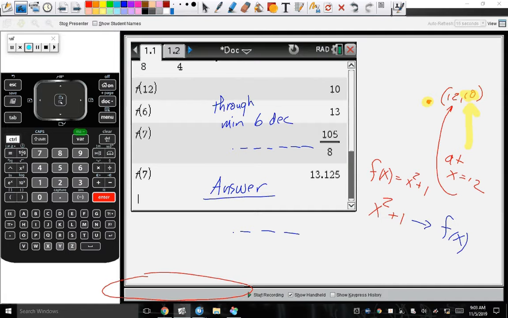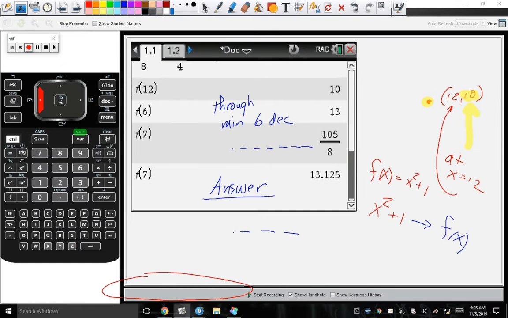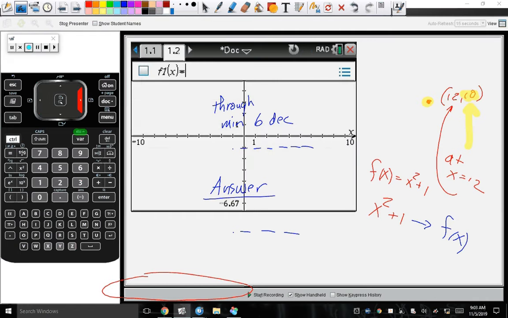Let's go to our table. So over here, from the second screen, I'm going to put control to the right to go to 1.2. And now I'm about to put this equation in that I got.